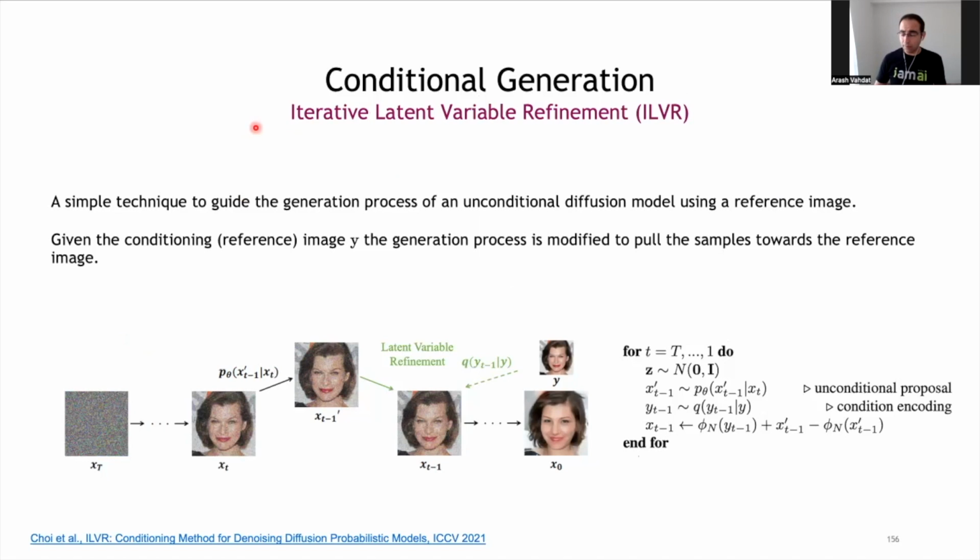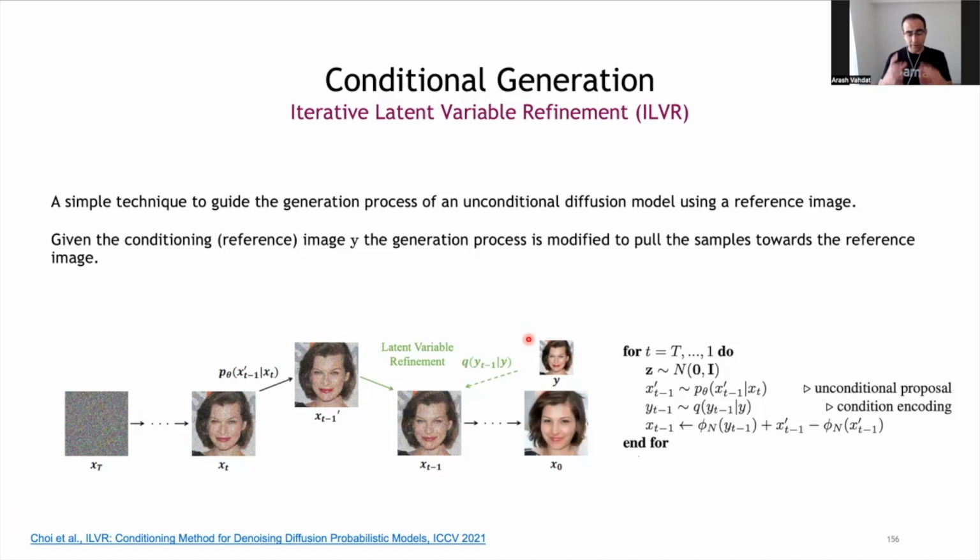As an example of that approach, I'd like to mention this paper called Iterative Latent Variable Refinement, or ILVR for short, that was proposed by Choi et al. at ICCV 2021. This paper proposes an approach where, given a reference image, the authors like to modify the generative process of the diffusion model such that the output of the diffusion model can be similar to the reference image.